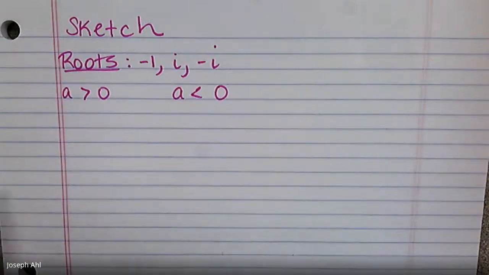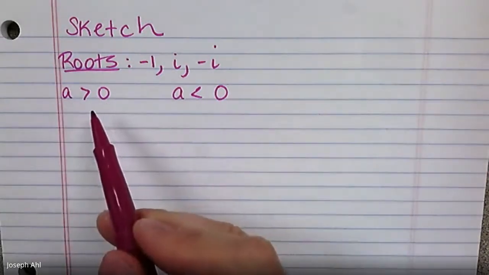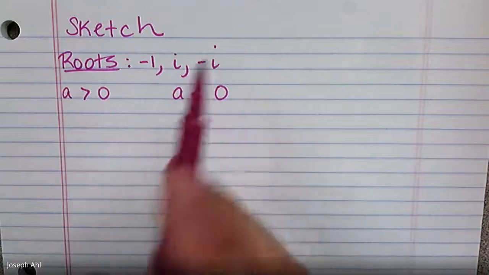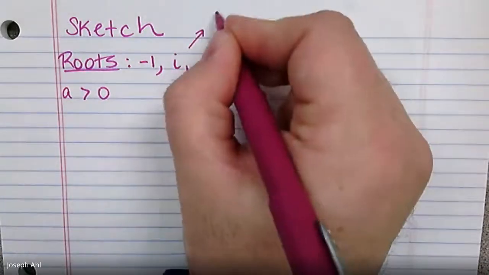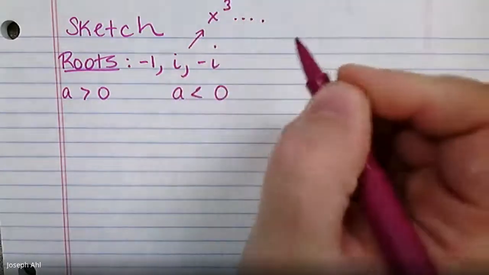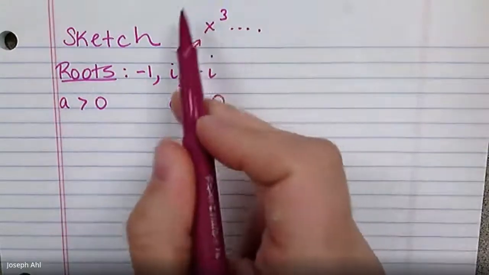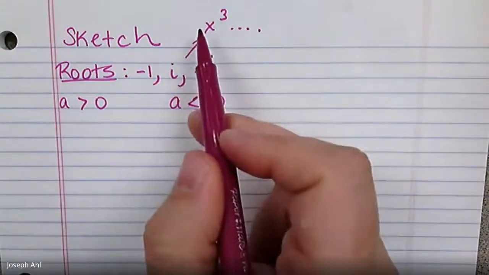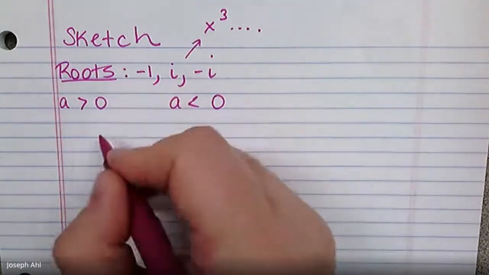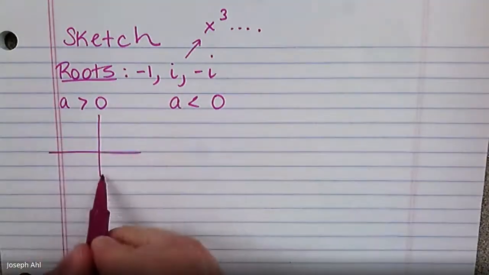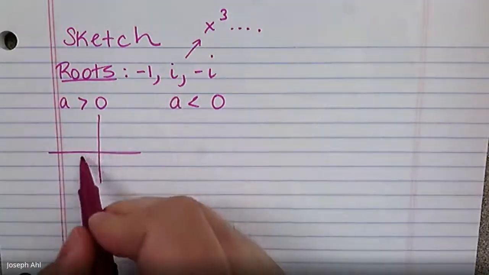What do I mean by a? a is the coefficient of the highest powered term. And if there are 3 roots, I know that this example is something with x cubed in it. So if the number out front for a winds up being a positive number, what do I know about the way this graph looks? Well, what I know is that we definitely have a root at -1.